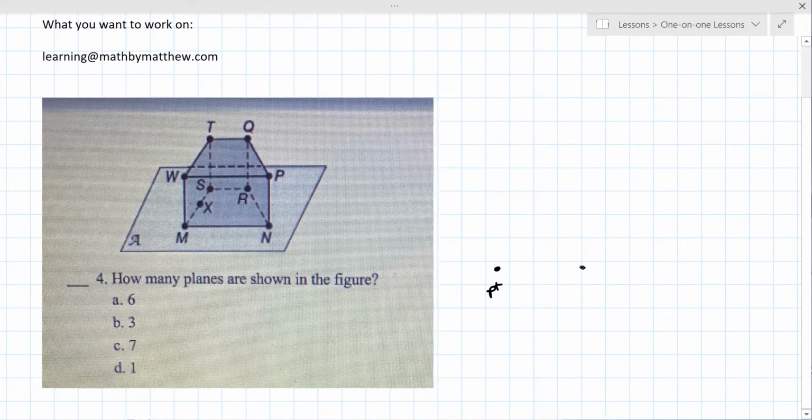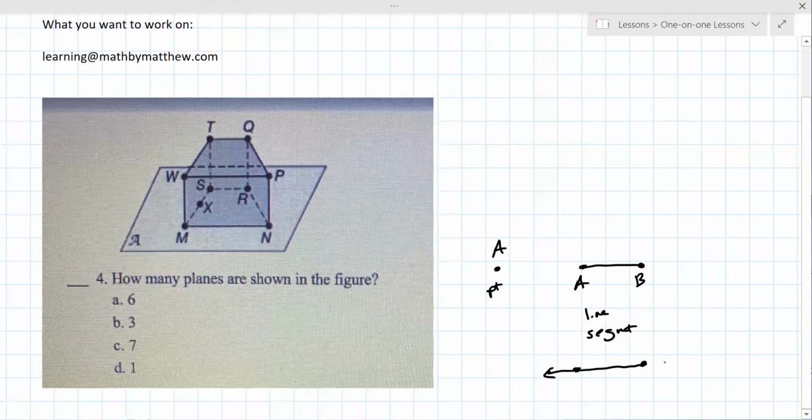There is a line segment, like AB. We'll call that point A. This is a line segment. And then there's also what's called a line, which we often use interchangeably with line segment, but it's not completely correct. This is line AB. And then there's a plane. A plane is sort of like a sheet of paper.